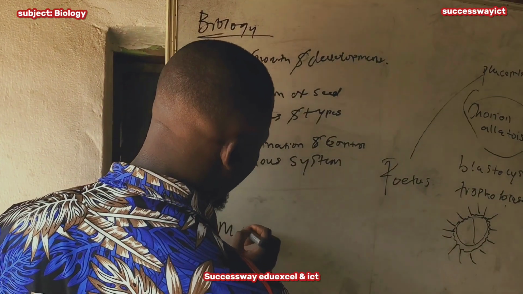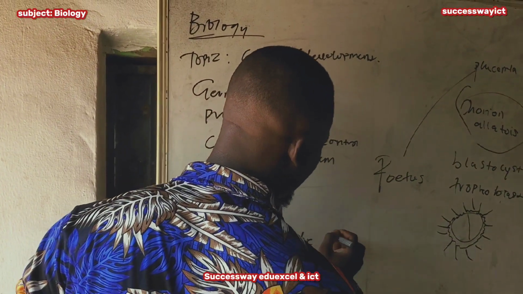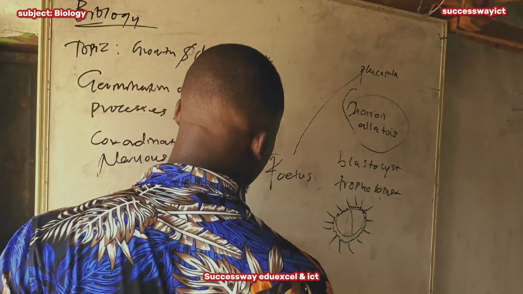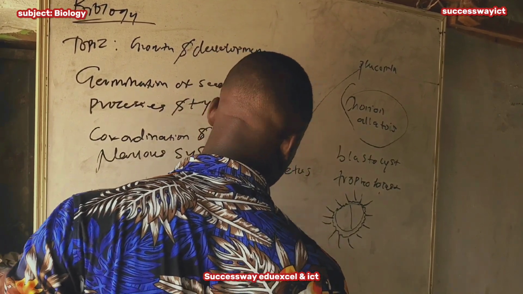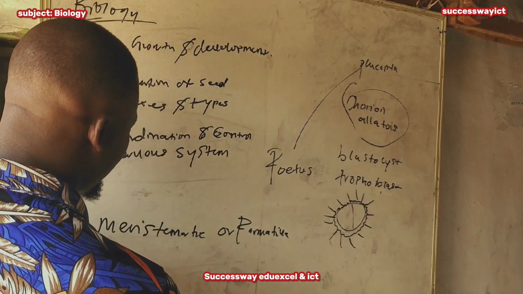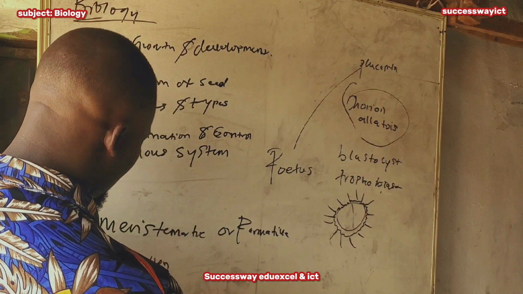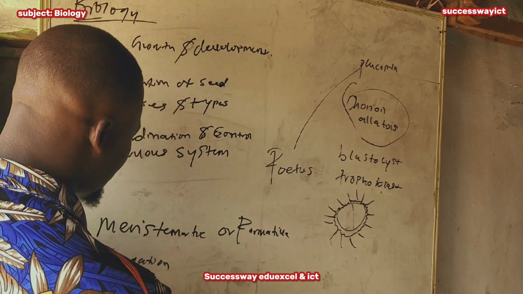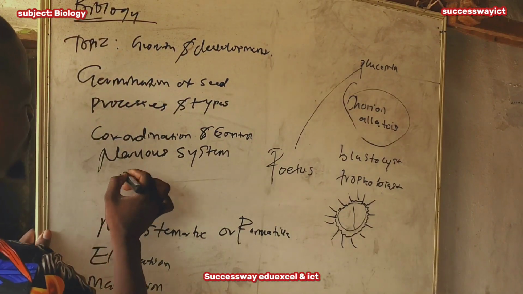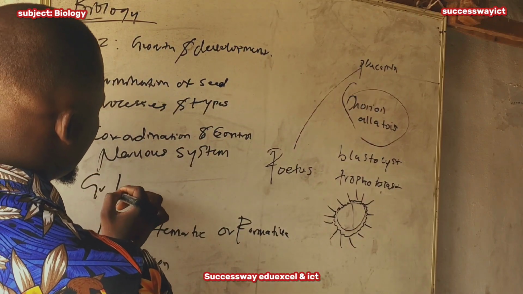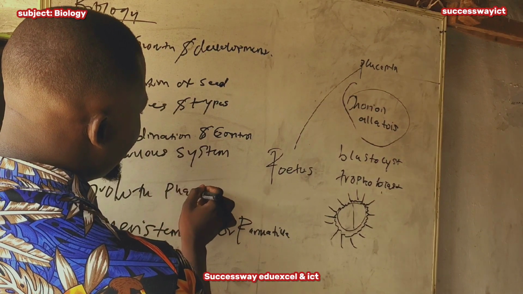All right. So growth phase. We have the meristematic phase or formative phase. We have elongation. We have maturation. These are called growth phases.